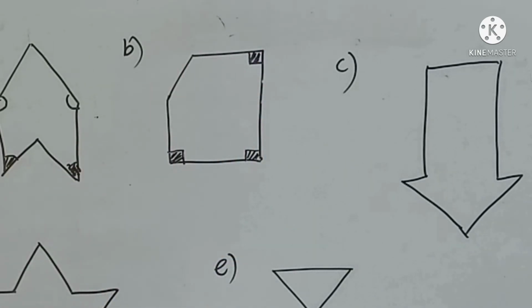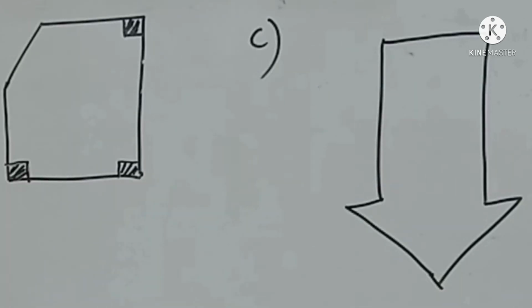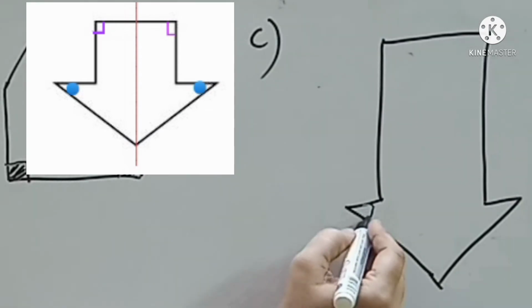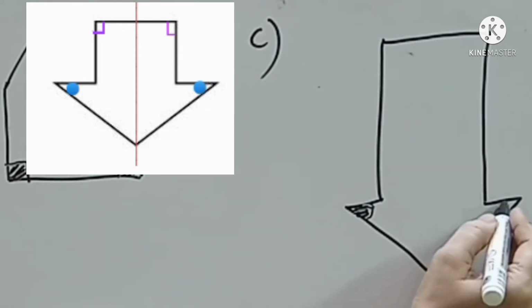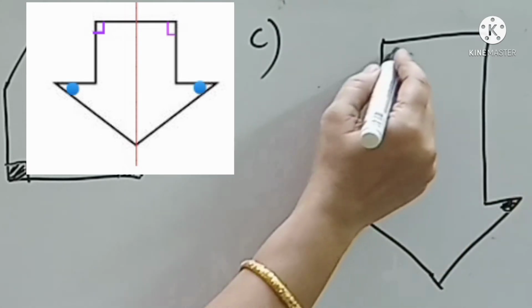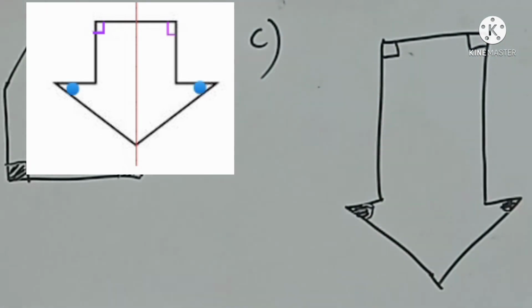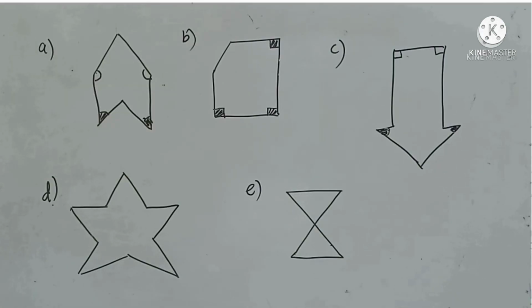So these three angles are equal. Now C question, again you think about lines of symmetry. These two angles are equal. And then here we are having two right angles. So we shaded equal angles.